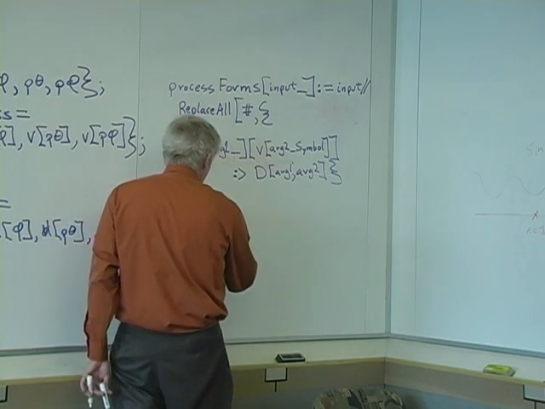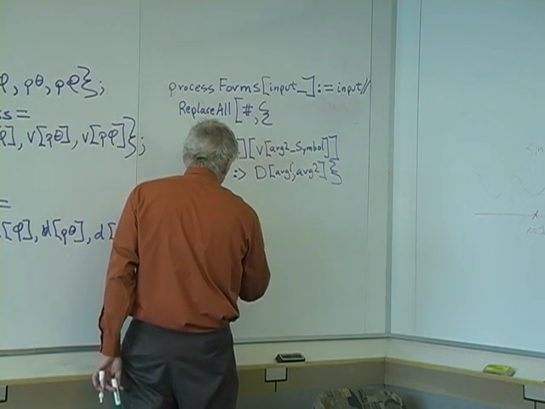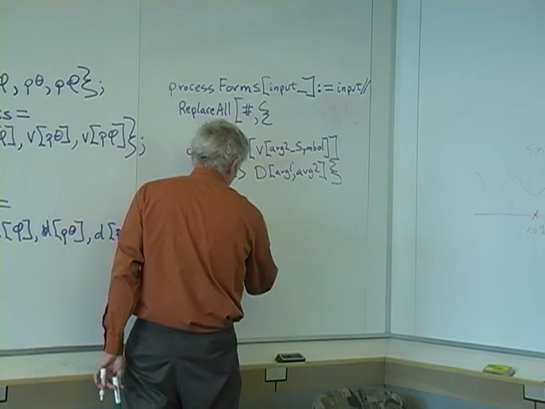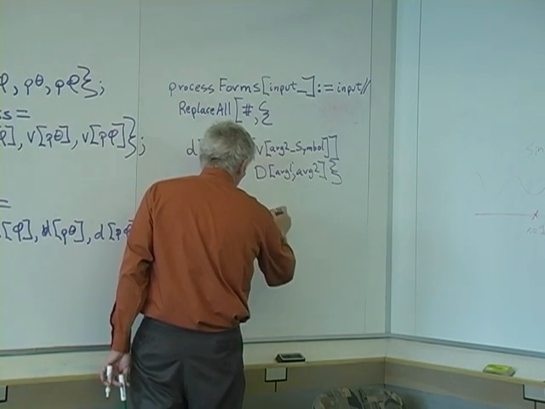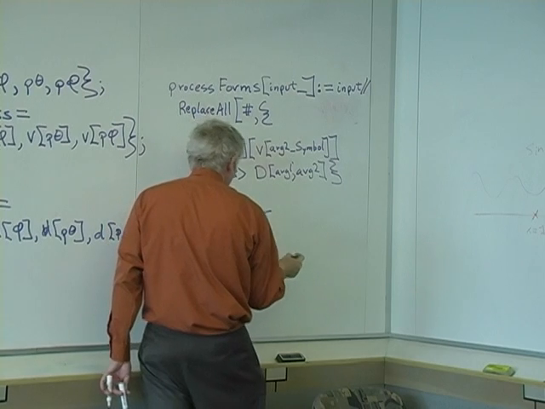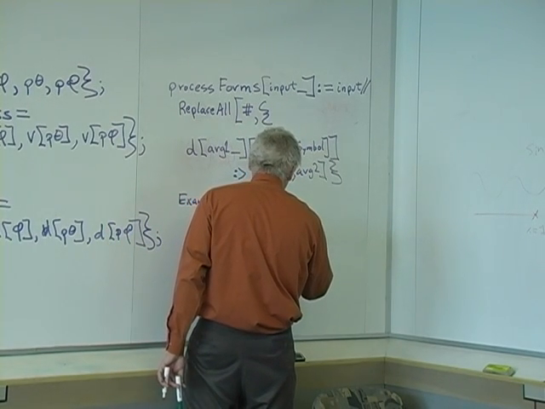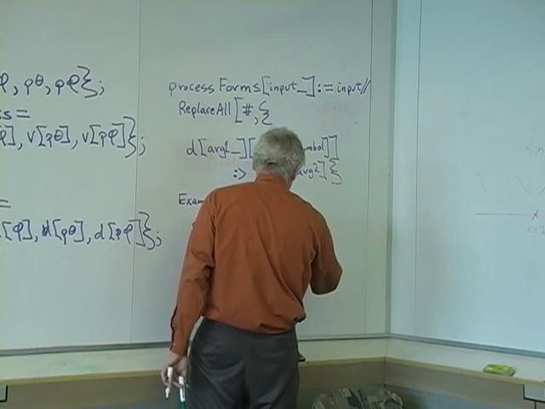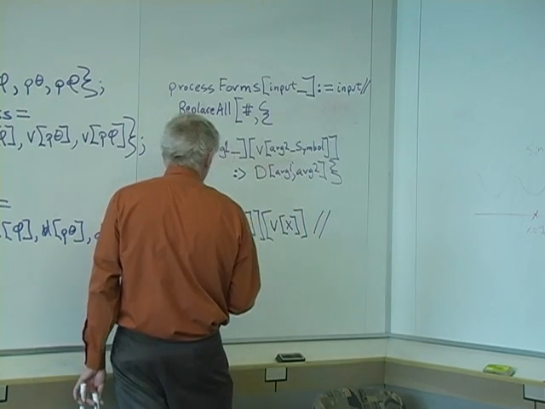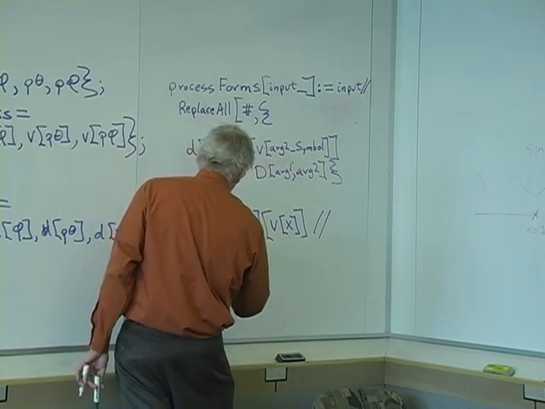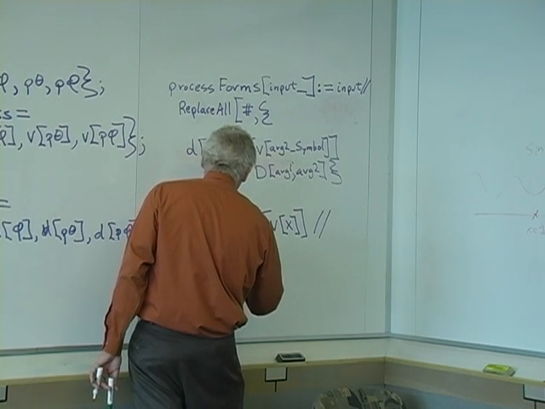An example of that would be, let's take the exterior derivative of the function sine of x over 2 with respect to the basis vector associated with the symbol x, and feed it into a pipeline that consists of process forms.